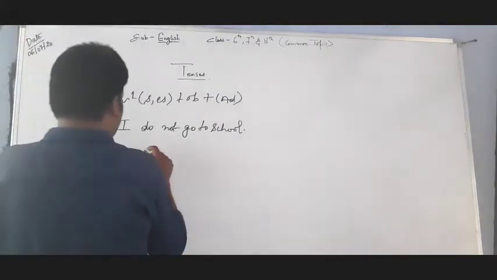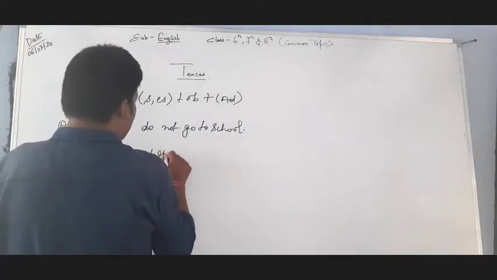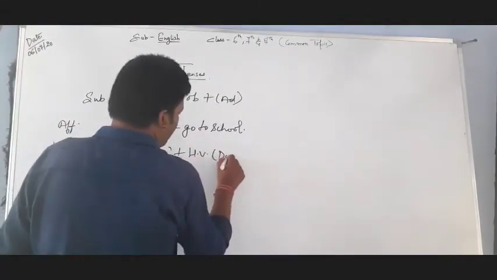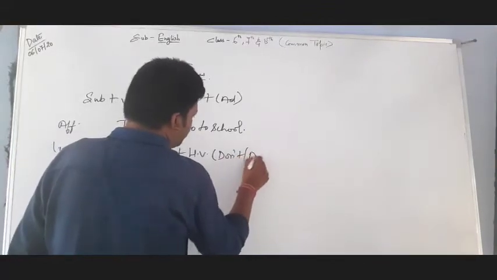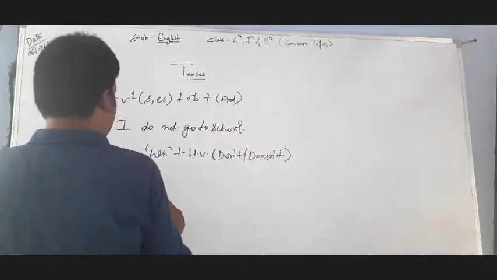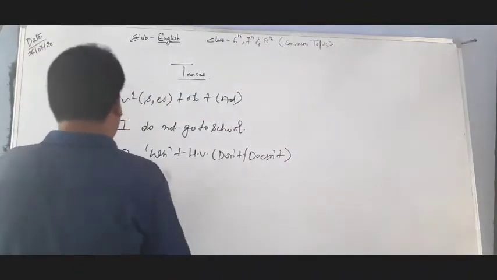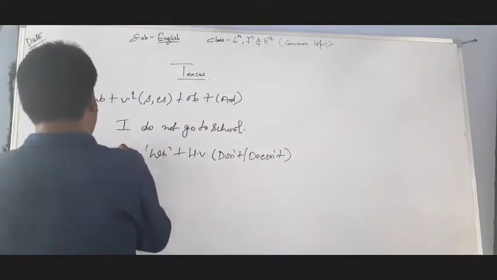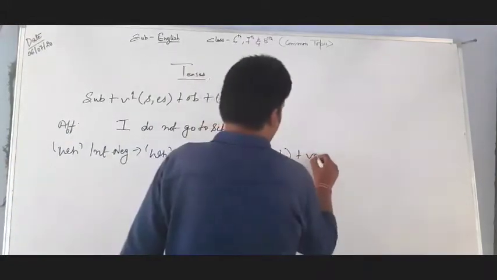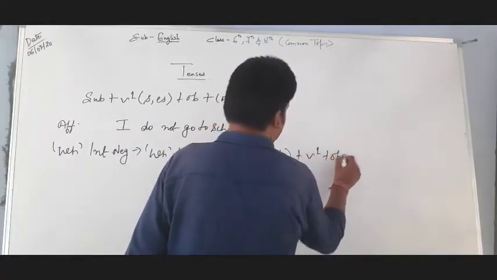Now let me write the formula: WH word plus helping verb, that is don't and doesn't, plus verb first form plus object.